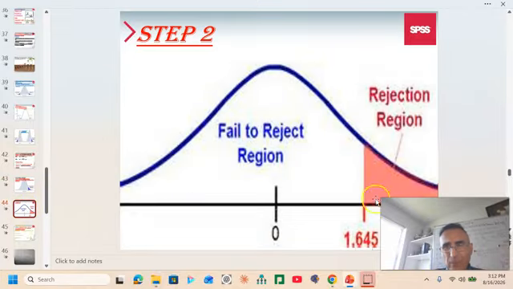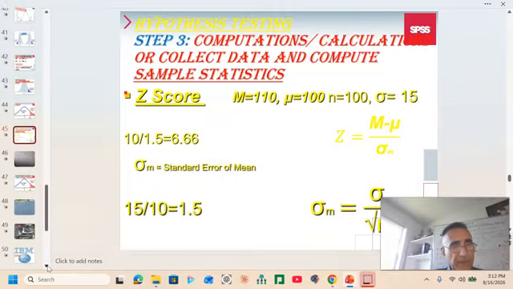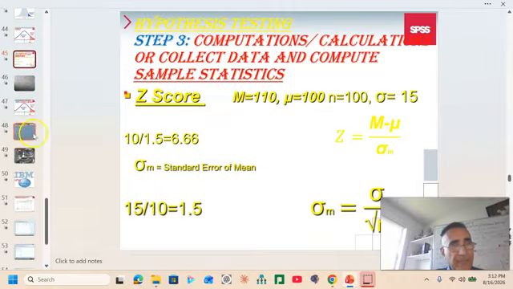So based on that, we do our calculation, and then if our calculated z-score, in this case, falls into that rejection zone or rejection region, then we reject. If it falls short, then we fail to reject. And again, we're going to work with T and then go over the example.